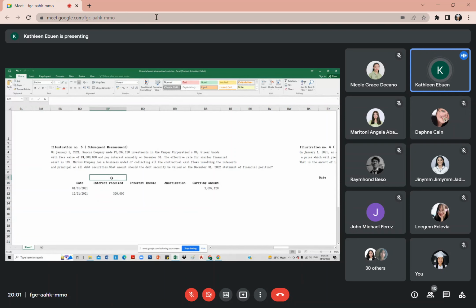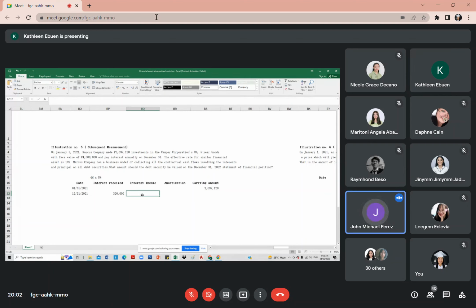So, paano nakuha ang interest received? 4 million times 8% po na nominal rate. Magkano interest income? 369,712. Nakuha ba, class?